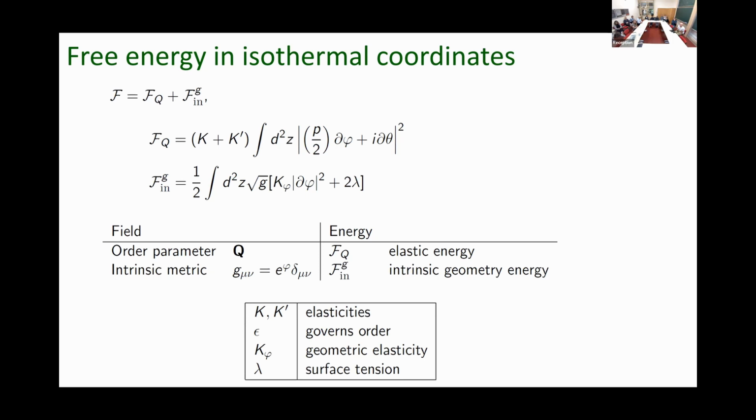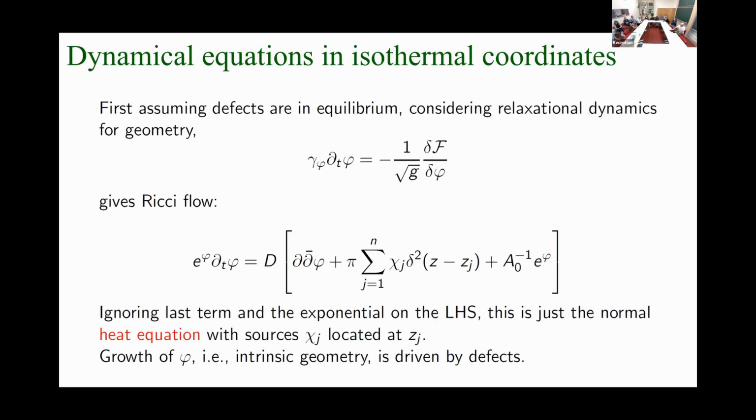To start with, we're going to assume defects are in equilibrium, so we're going to assume it's the axisymmetric dynamics. So the geometry is going to flow such that it minimizes the equation.